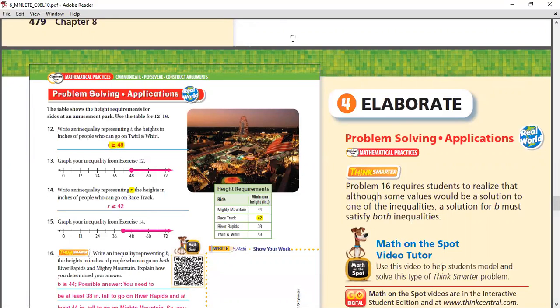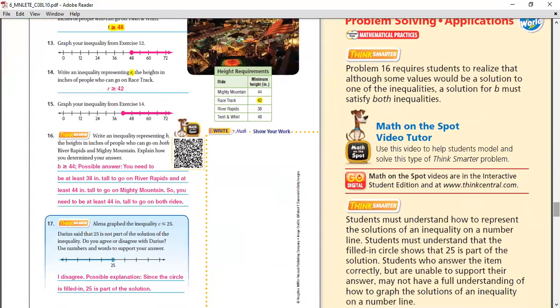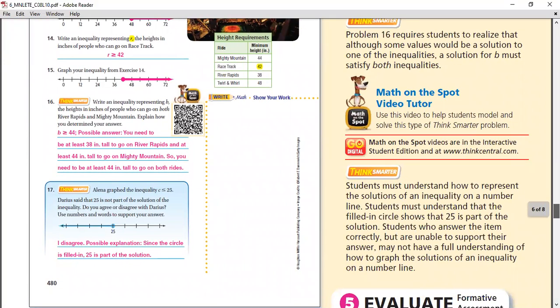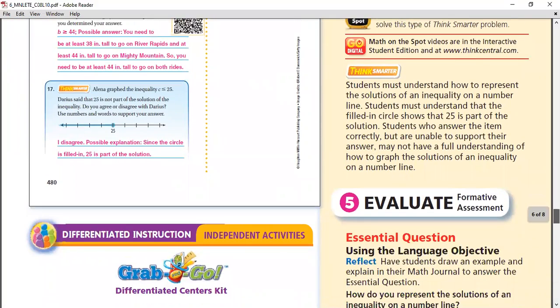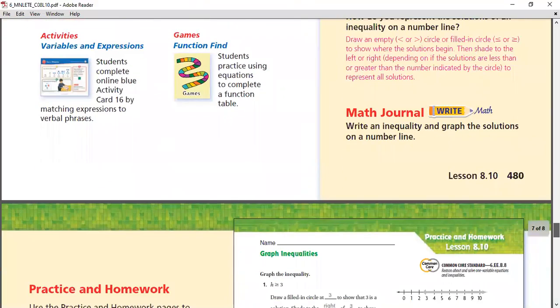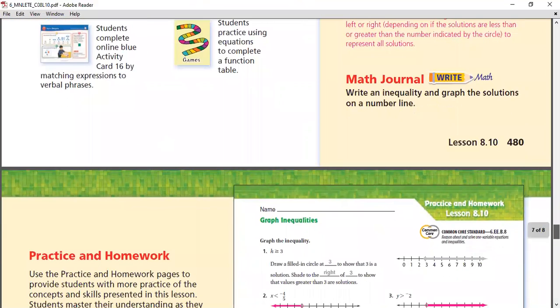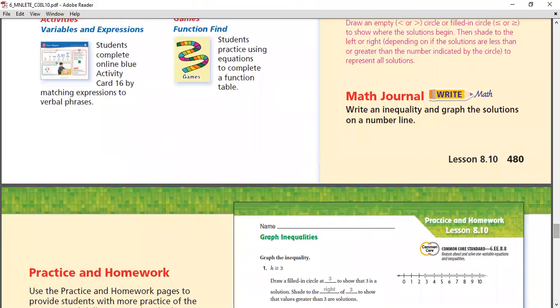Now your homework is going to be the same page, same lesson, because this lesson I just kept for 1 day because it's not a difficult lesson at all. On Sunday, we'll be starting chapter 10. So you will have to do your homework. I'm not showing you the homework page because I have the answers here.